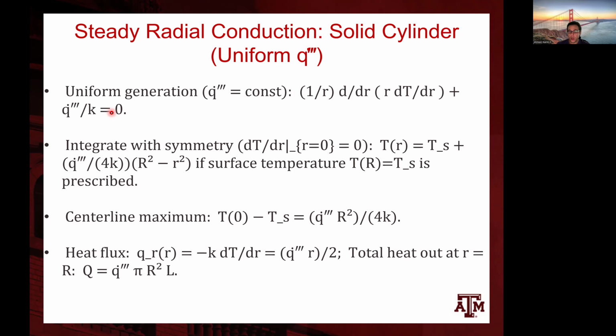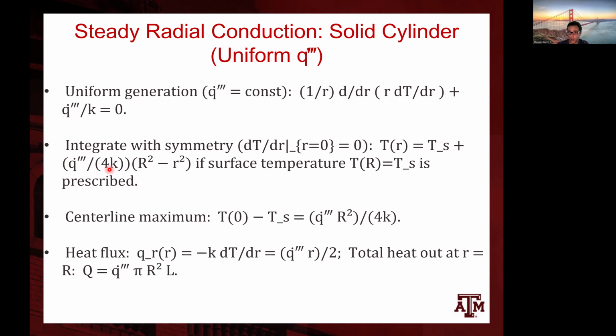So the analytical solution is simply a second order profile that we call a parabolic profile here, that basically tells us that the temperature at any radial position, T as a function of r, is dependent on the temperature at the surface or at the edge of the fuel pellet, and it is dependent on the amount of heat generated, and inversely proportional to thermal conductivity.